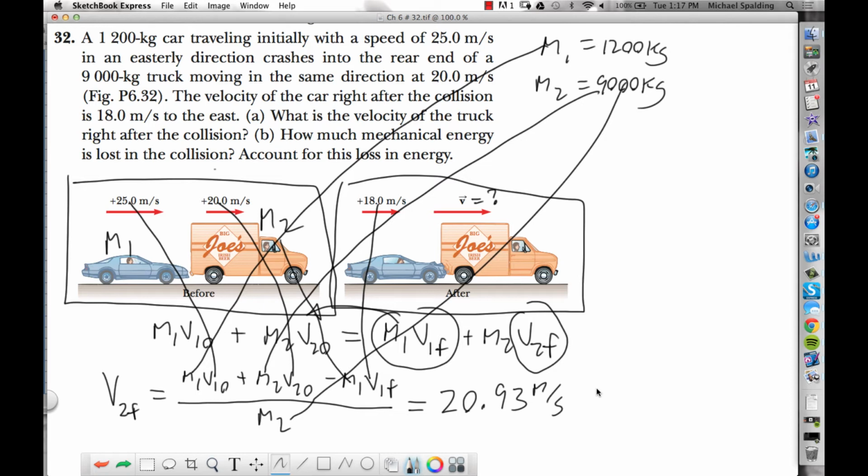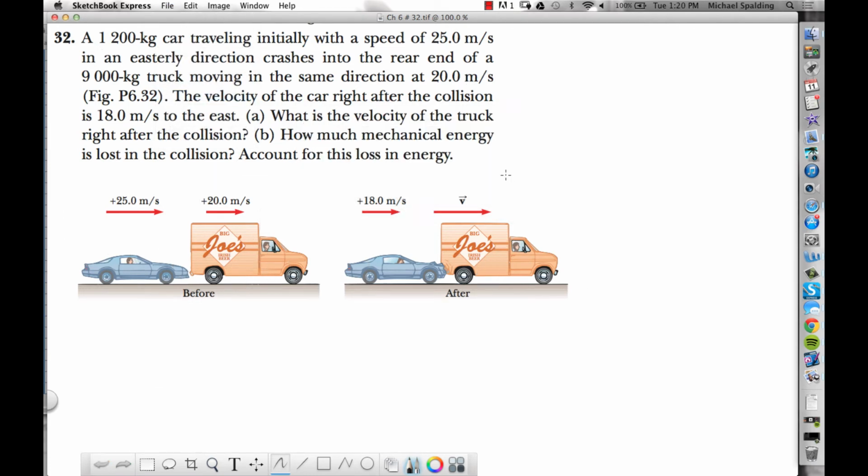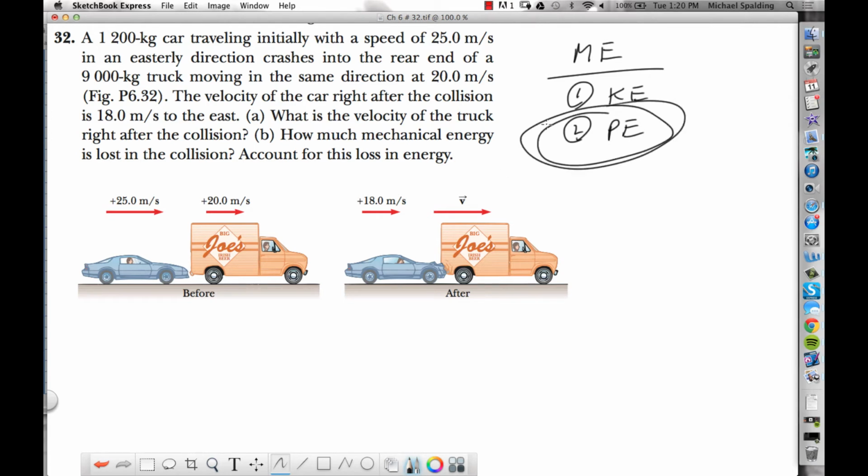Now, part B says how much mechanical energy is lost in the collision. So everybody got this part down? All right, let me revert this back. First off, what do we mean by mechanical energy? Mechanical energy is kinetic plus potential. Does this situation have any potential energy going on?